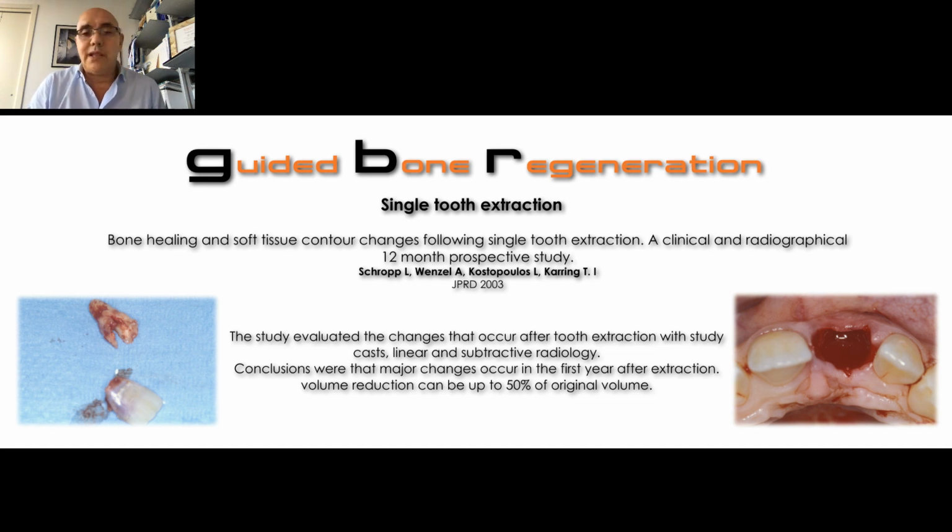And I have to say that the results were quite shocking, because their conclusion was that the most changes happened within the first year after extraction, and the reduction in volume can reach up to 50% of the original bone volume. So imagine, by doing a tooth extraction, you may end up having 50% less of the original bone volume.